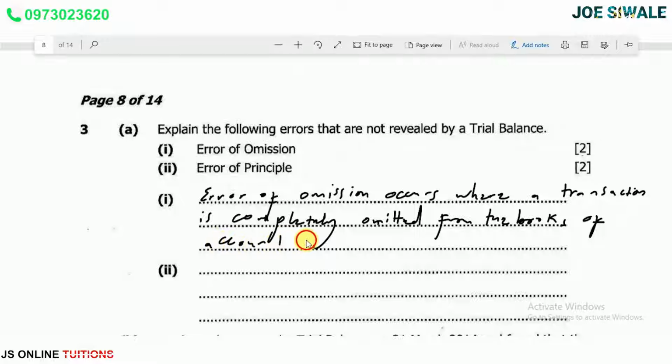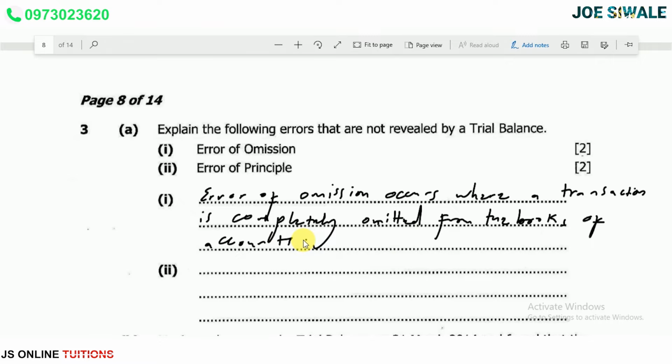So that's the definition of error of omission. And I gave an example. I said, for example, a payment of 450 kwacha to Mulenga was completely omitted from the books.